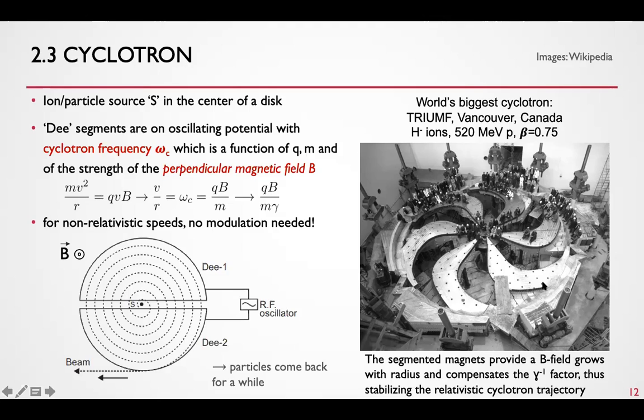So in case you did not believe in special relativity, I'm sure you do, but every few months or so, somebody tries to explain to me why Einstein is wrong. Here, the TRIUMF cyclotron implements the Lorentz gamma correction into the geometry of the machine. I think it's a beautiful application.